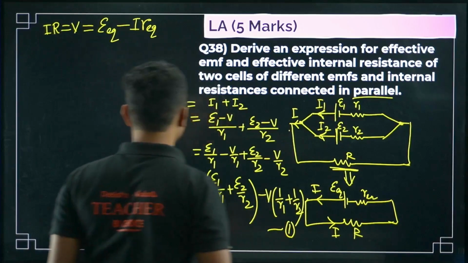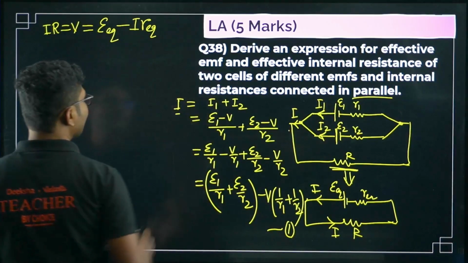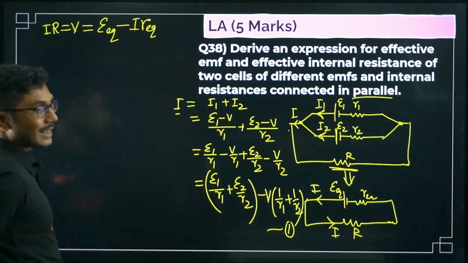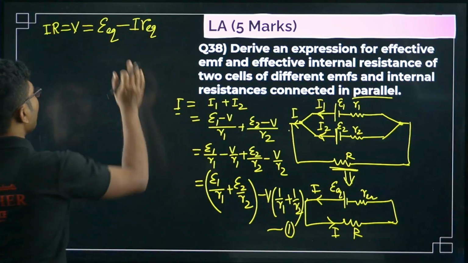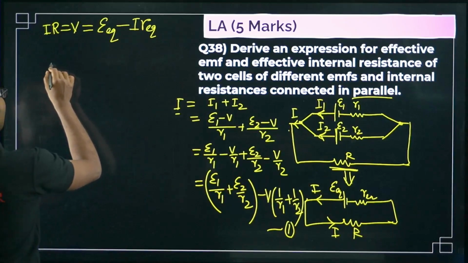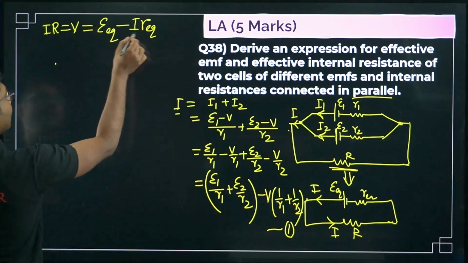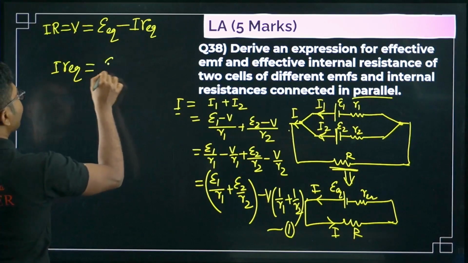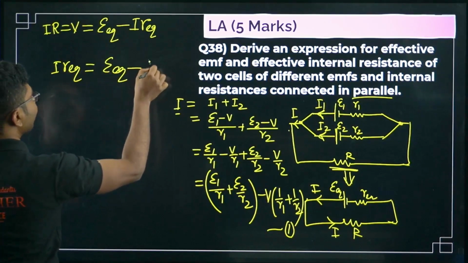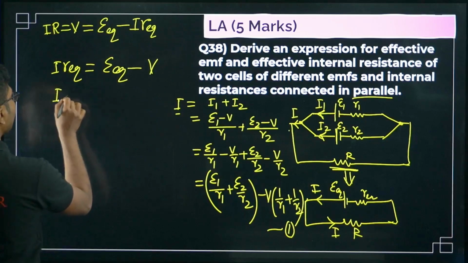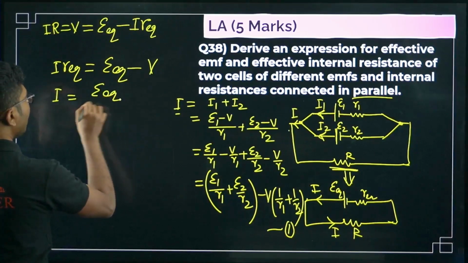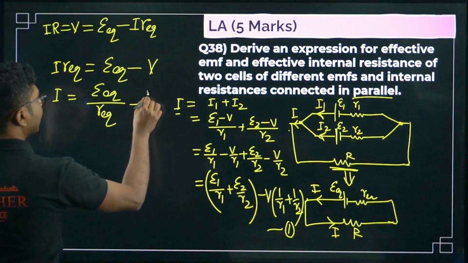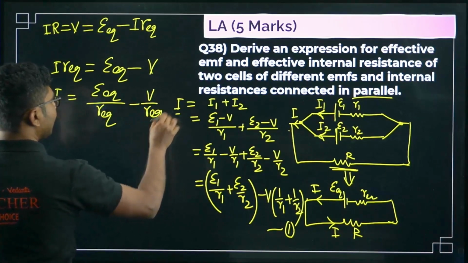Now if you see here, we have individually separated the current I. So we do the same here as well. I R EQ equals epsilon EQ minus V, right? Or I equals epsilon EQ divided by R EQ minus V by R EQ.